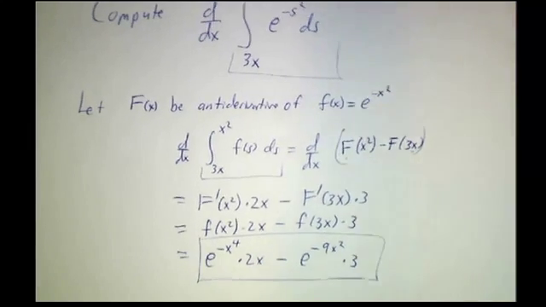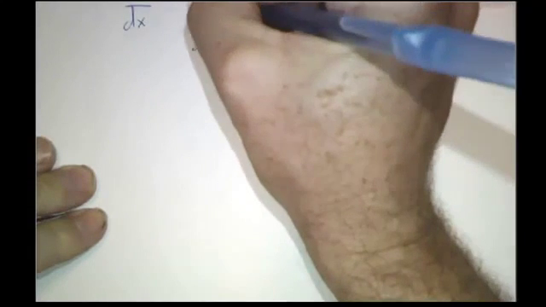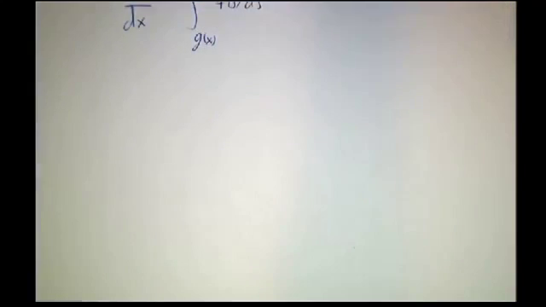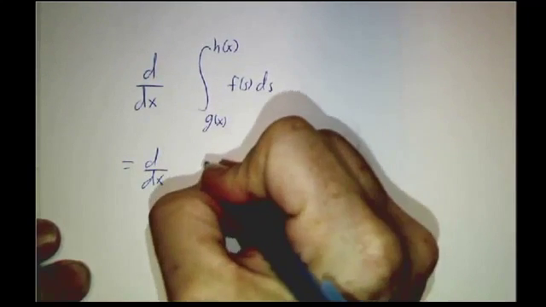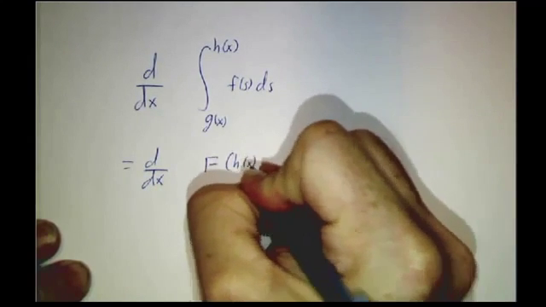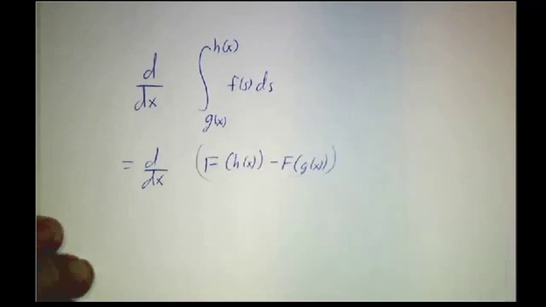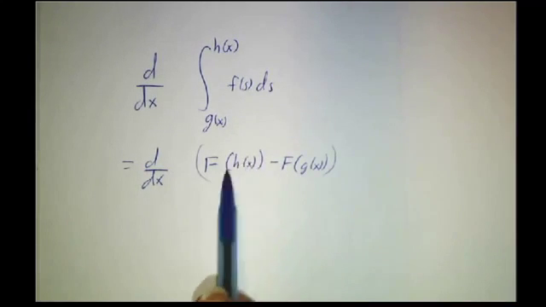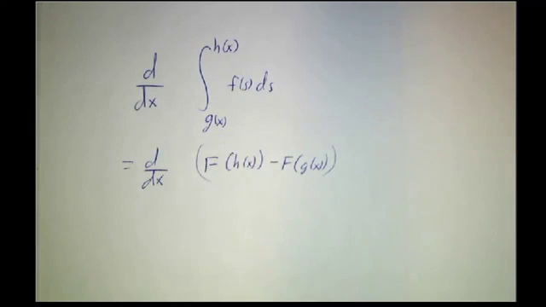In general, if you're ever given problems that look like: find the derivative of the integral from, let's call it g of x to h of x of f of s ds, you say, oh, that's the derivative of big F of h of x minus big F of g of x. And you don't worry about the fact that you don't know a formula for big F, because you're going to take its derivative, and you do have a formula for the derivative of big F. It's little f.